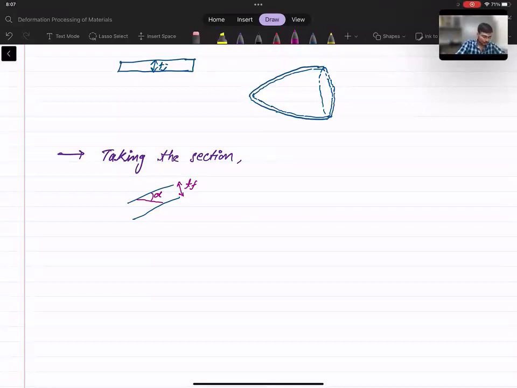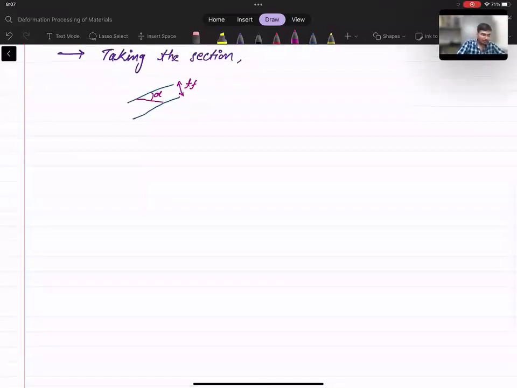So there are two relations. First one is sine alpha is equal to the ratio of this final thickness Tf to the initial blank thickness. Okay.